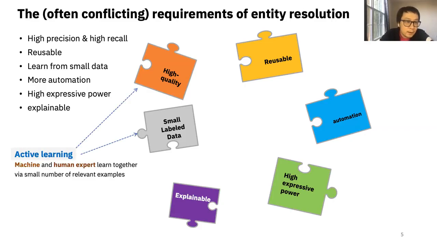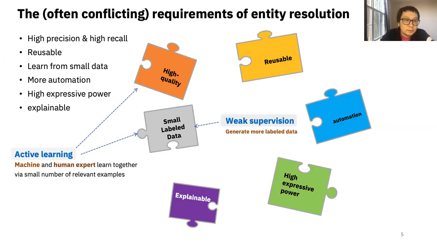Fortunately, we have different techniques to address these issues. For example, active learning is a very effective approach to learn a high quality model from small labeled data. Basically, the idea is that we let the machine and the human expert work together, and the human expert will guide the machine learning algorithm to generate better and better models through user interactions.